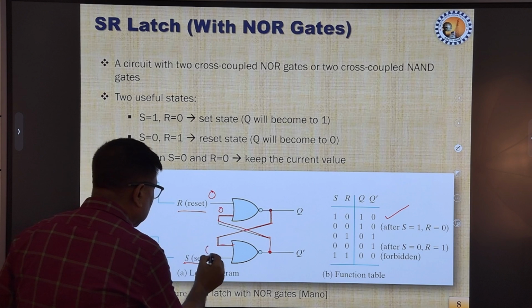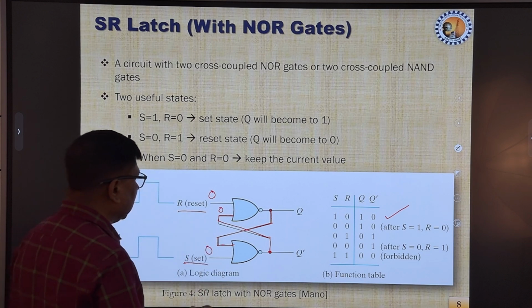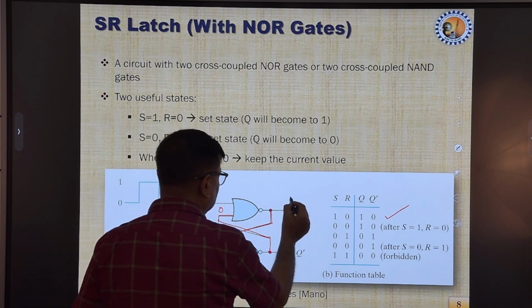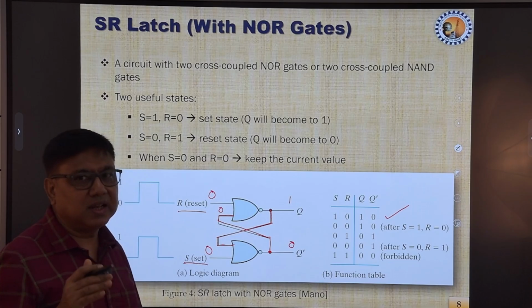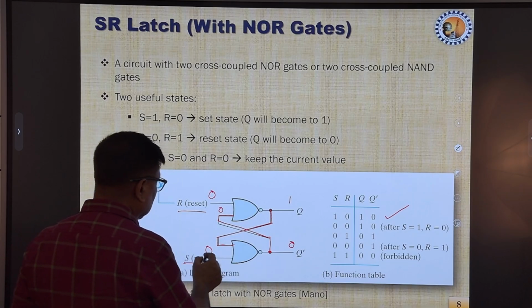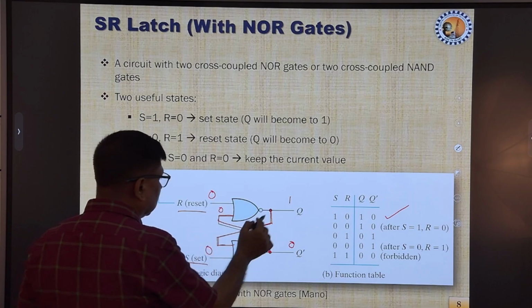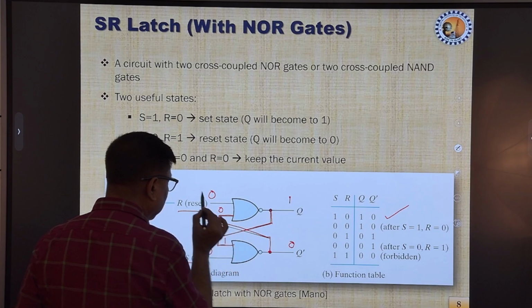Now if we apply a 0 to both the inputs, and let us assume that it was having a 1 and 0 at the output, then its state does not change. How? Let us see. Both the inputs are 0, and since this was 1, this will be fed back as 1.